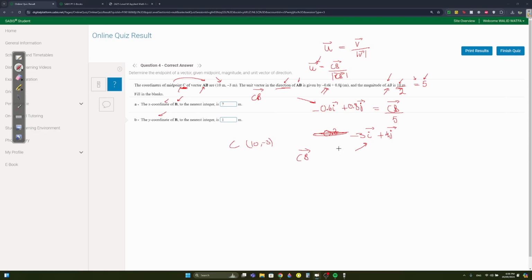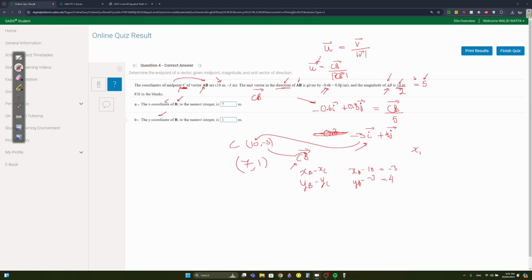You can either just directly add: minus 3 plus 10 is 7, minus 3 plus 4 is 1, because we're going from C to B, so just apply the vector to C to get to B. Or you can split CB into x of B minus x of C, y of B minus y of C. X of C and y of C is 10, 3. So x of B minus 10, y of B minus 3 equals minus 3, 4.